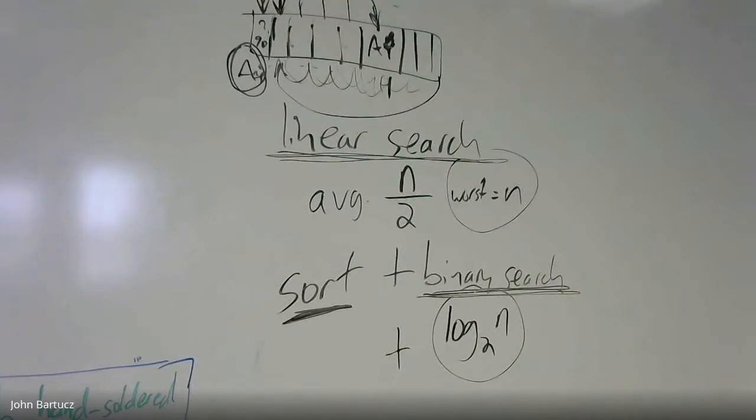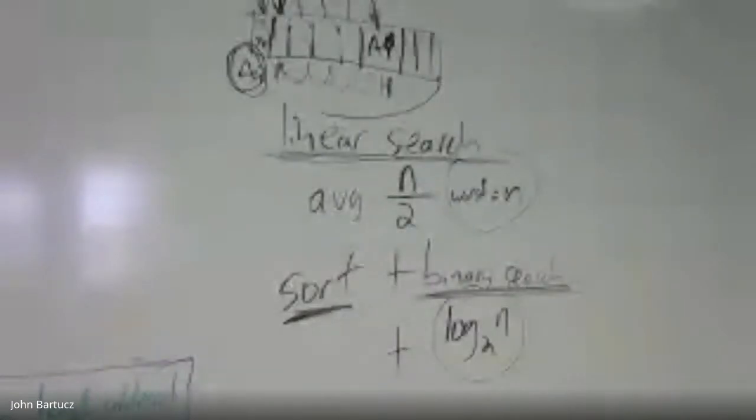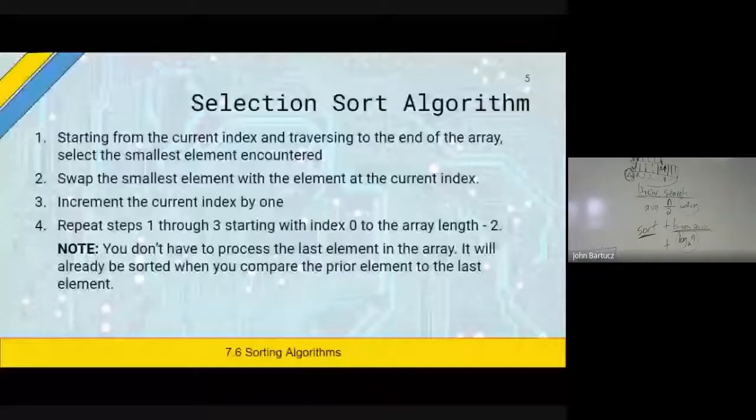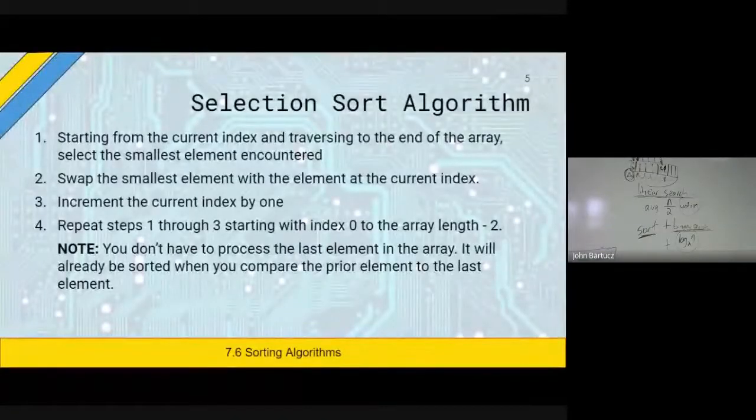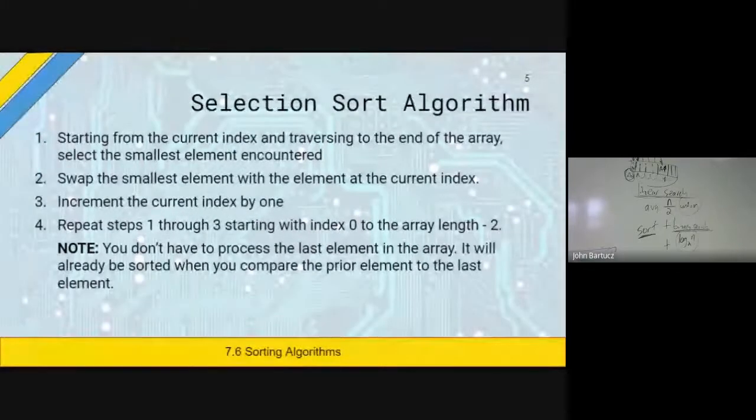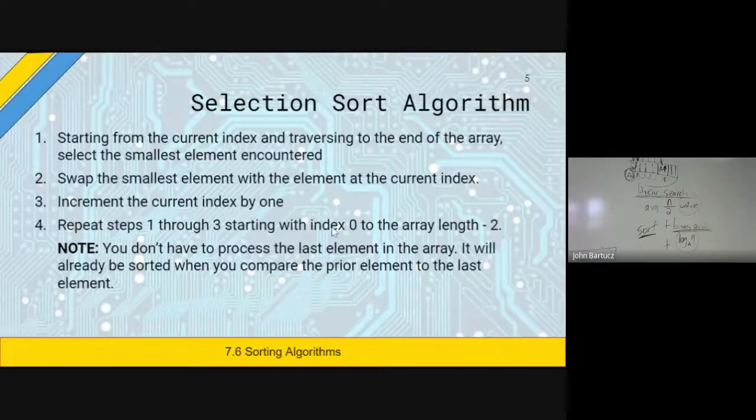So the steps for the algorithm are: start at 0, traverse to the end of the array, find the smallest element in the remaining array, and swap it.